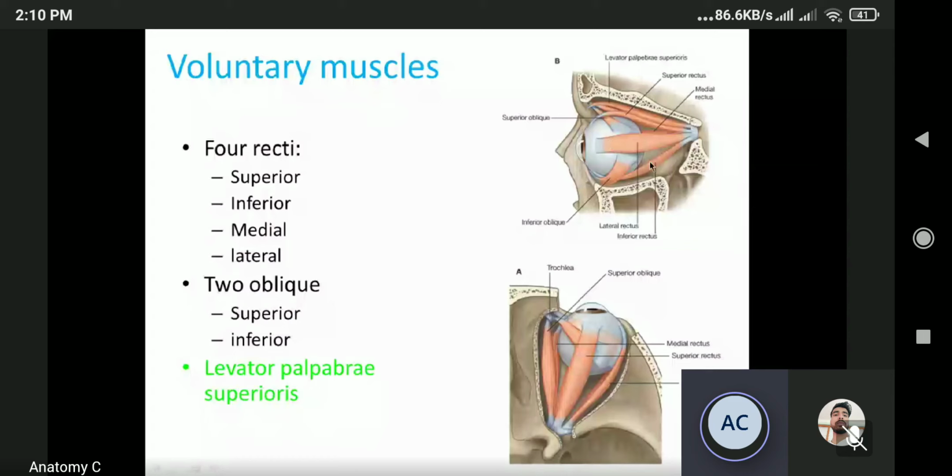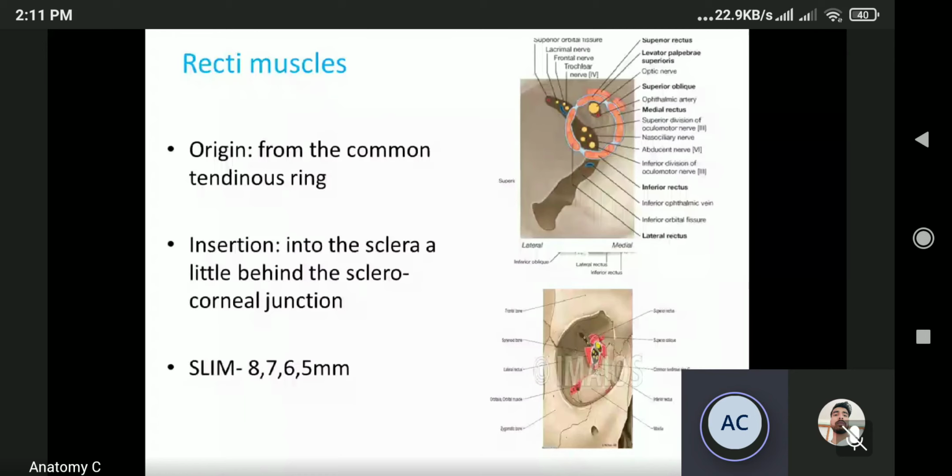You can see here, it will be more clear. Can you see the superior oblique passes through the trochlea? It forms a pulley, like this. This is the superior rectus, this is the medial rectus, and this is the lateral rectus. These all originate from the common tendinous ring, which is present at the superior orbital fissure. So all the recti muscles have a common origin from the common tendinous ring, and they insert into the sclera, a little behind the sclerocorneal junction.